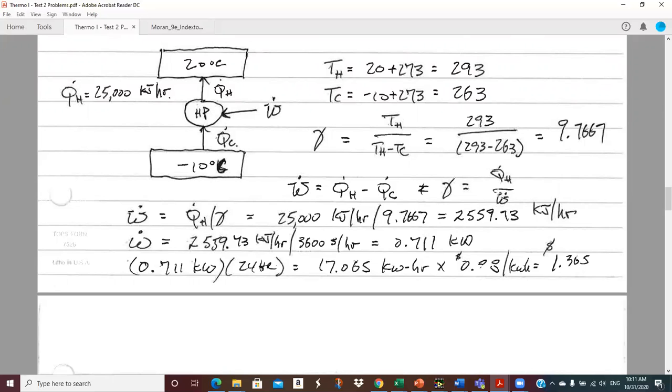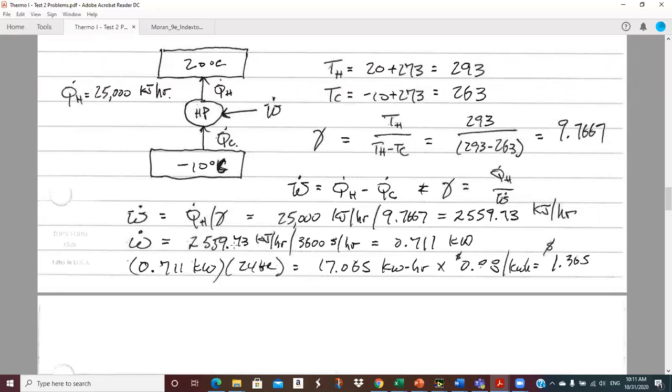So this will let me calculate the amount of work. 25,000 kilojoules an hour is what I'm putting into the house. If I divide that by the COP, that gives me the work input. So I'm putting in 2559.73 kilojoules per hour here.